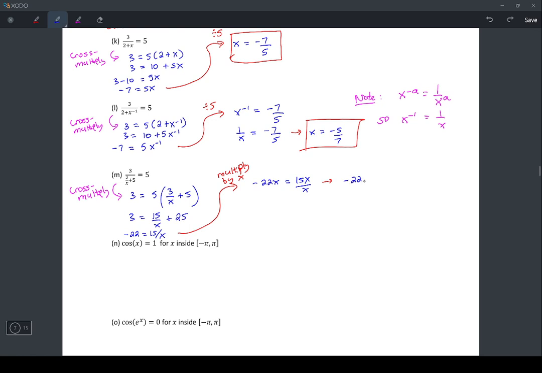So negative 22x is equal to 15. And then divide both sides by negative 22. So we get x equals negative 15 over 22. Negative signs, if they're in the bottom, can be brought up top, or they can be brought in front. It doesn't matter. I'll just immediately bring it up top.